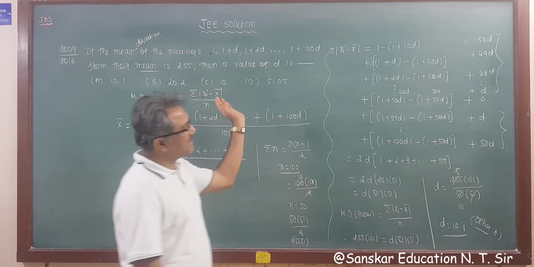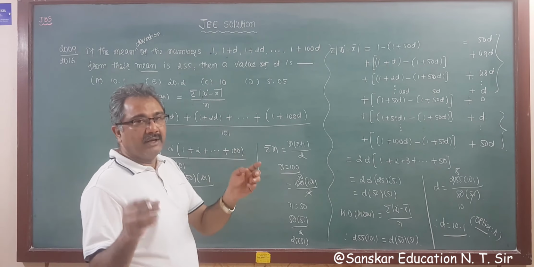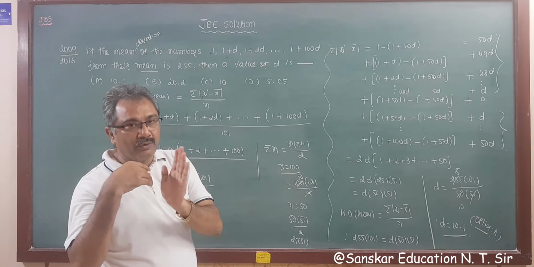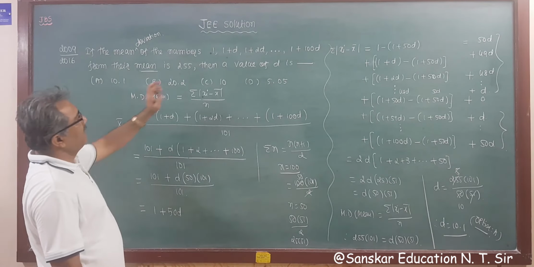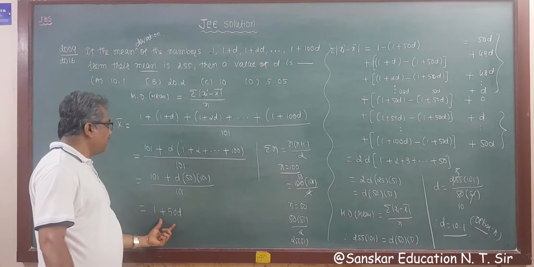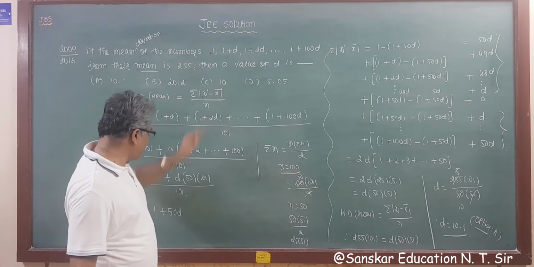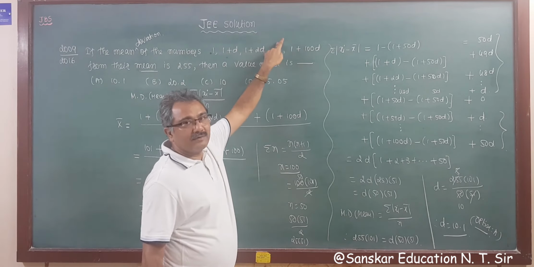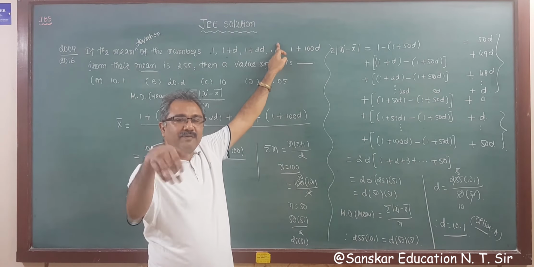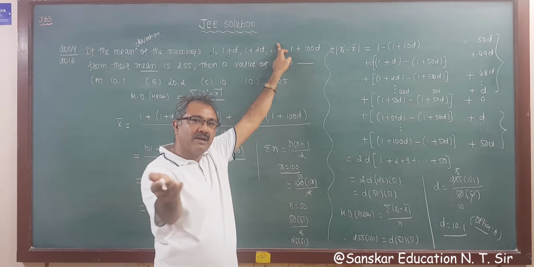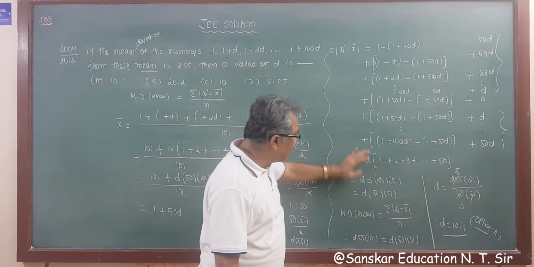In this type of example, you have to spend time. But if you can do the calculation orally, then with this observation and this mean, you consider that 1 minus 1 plus 50d gives 49, and you do not write all the observations. At 1 plus 50 it is 0, and at 51, 51 minus 50 is 1. If you keep in mind that these are the remaining sums, you only have to write these terms.